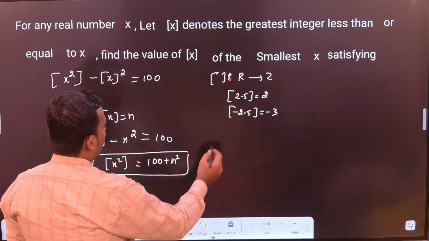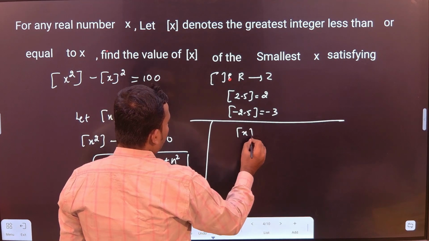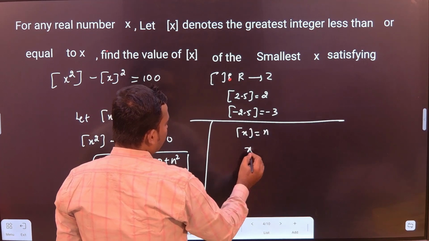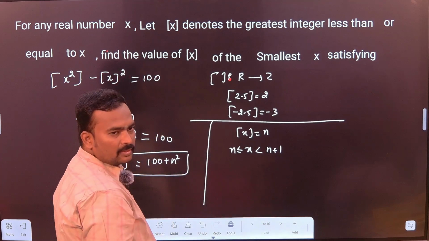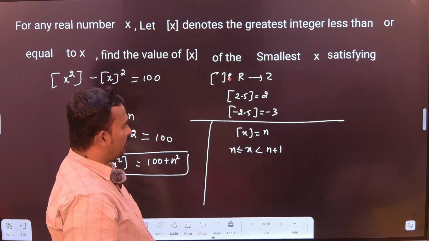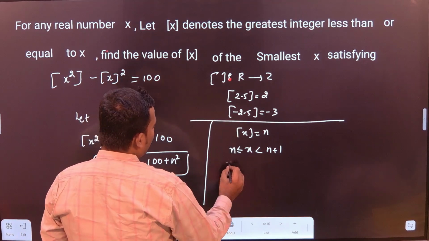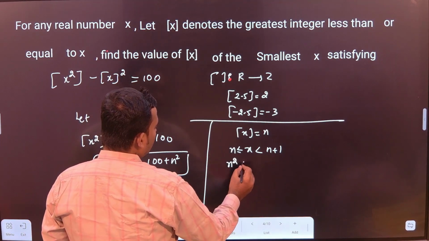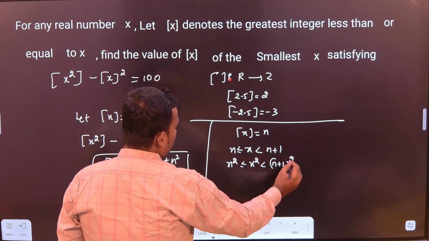But we know that if the greatest integer function of x is equal to n, it means x will fall from n to n plus 1. You already know that, right? If you do not have an idea, you can watch that video. Now we need x square. Squaring on that, x square is less than n plus 1 whole square.